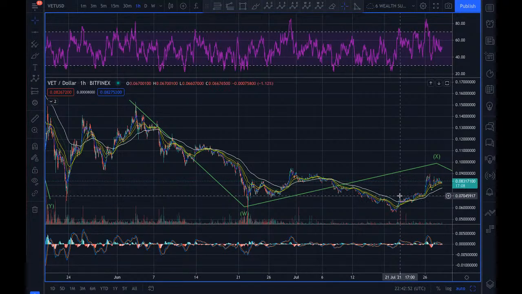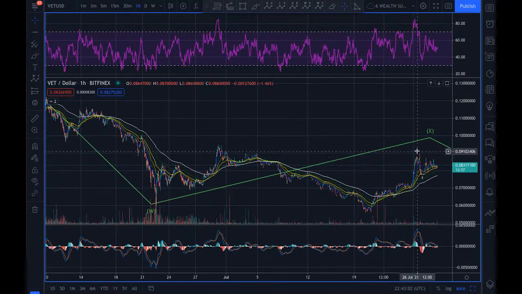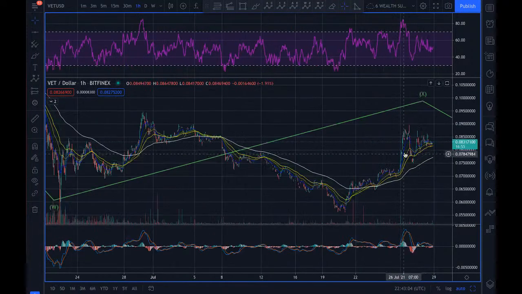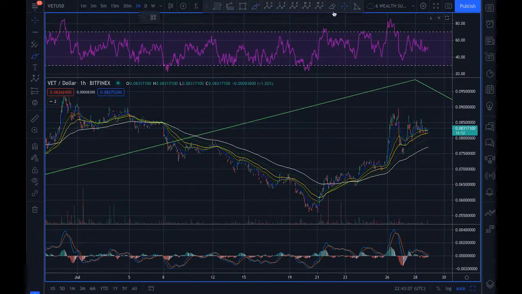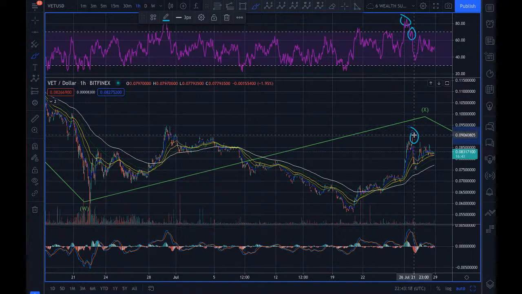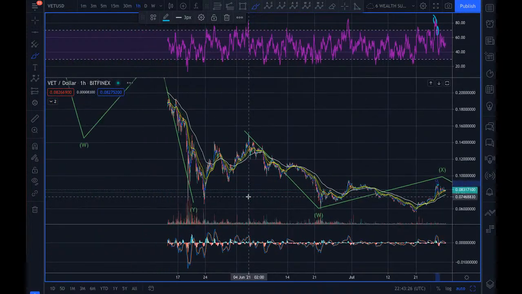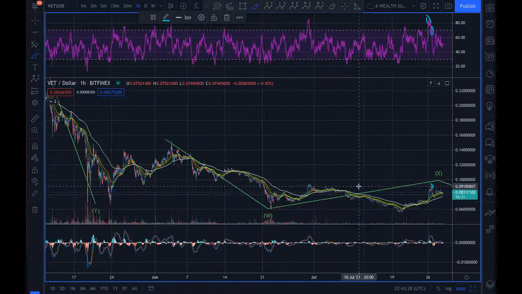One, two, three. Could be done. Could be done going up. There was a sell signal right here. So that would have been the sell up there, potentially, almost at 9 cents. Is it trying to make one more up? Or is it done? That's a close call.